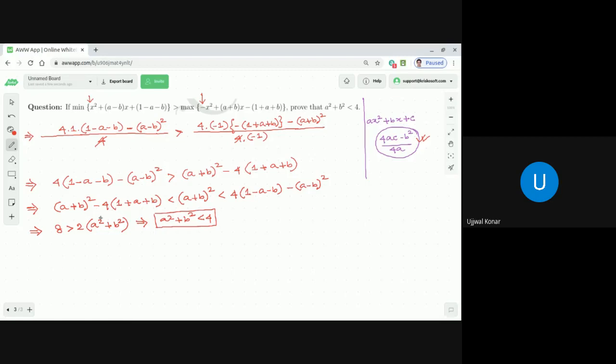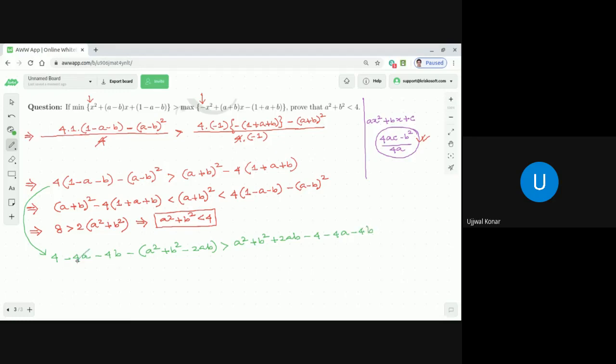If any confusion, let me do it in a different color. So from here I am doing, dear students, let's look into it. It is 4 minus 4a minus 4b, then minus of (a minus b) whole square, that is a square plus b square minus 2ab, that is greater than a square plus b square plus 2ab minus 4 minus 4a minus 4b.